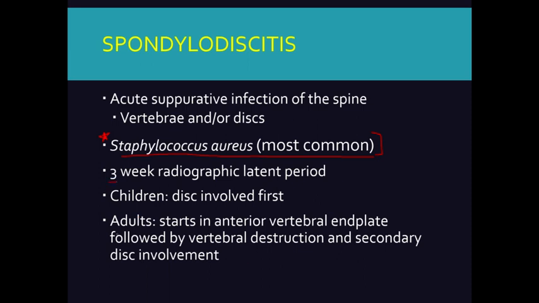There's a slightly different pattern when comparing adults to children in the initial infective area. So children have much more vascularity going to the discs versus adults, where the arterial supply goes more into the superior anterior corner.